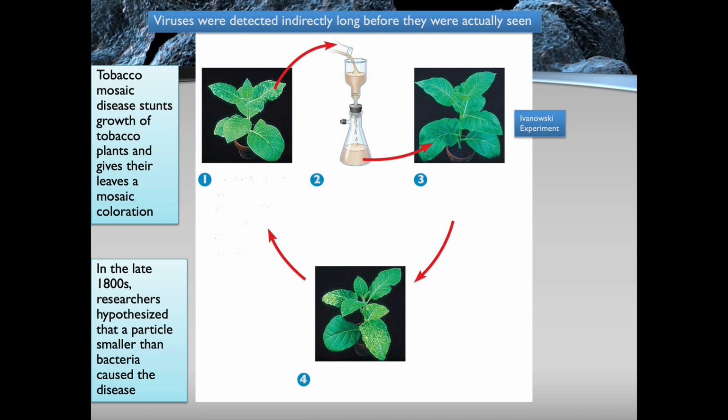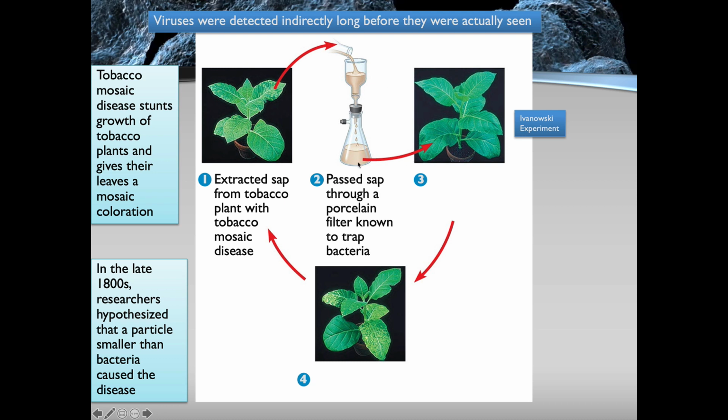So what happened first was they extracted sap from a tobacco plant that had tobacco mosaic disease. And you can see right here, this leaf has those yellow spots. It was poured through a special tool, sap through a porcelain filter, that the pore size was small enough to trap any bacteria and allow the rest of the liquid sap to flow through, containing anything smaller than bacteria.